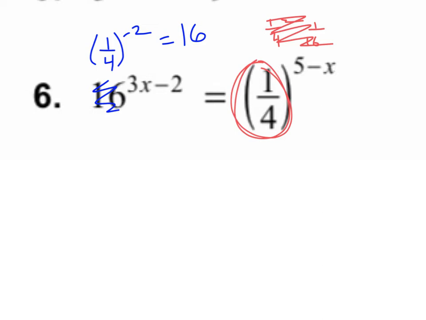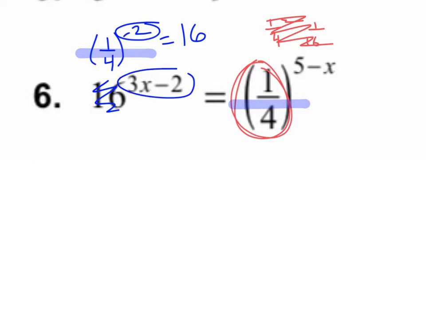What happens to 3x? Well, that's my question to you. What do we do with it? Right, the 1 over 4 will cancel out, so this cancels out with this, but we still have this exponent here and this exponent here.